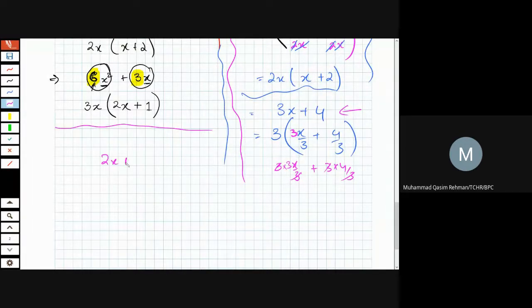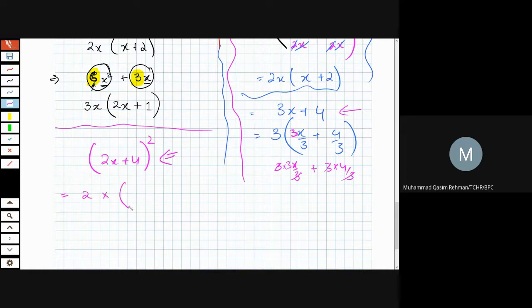Now, one last thing. For example, if you have 2x plus 4 whole square, now I know this is already a factor. 2x plus 4 whole square is already in factor form. 2x plus 4 whole square means 2x plus 4 into 2x plus 4. But still, if I ask you to factorize the terms inside the brackets, many students do it like this.